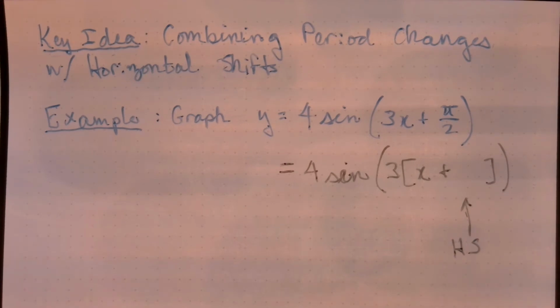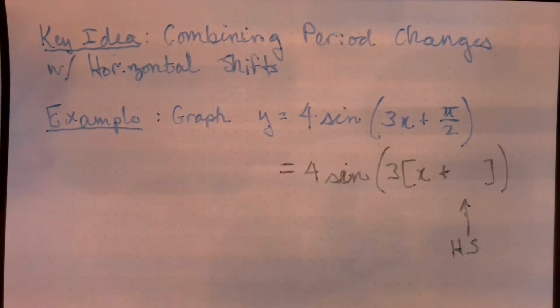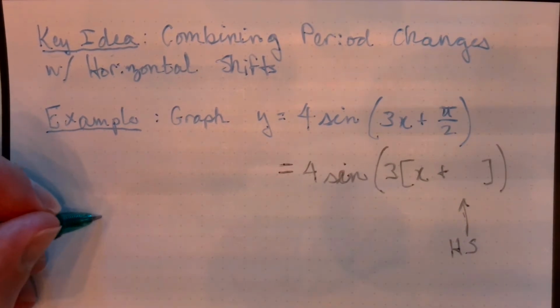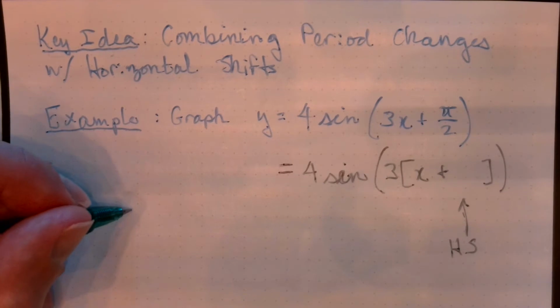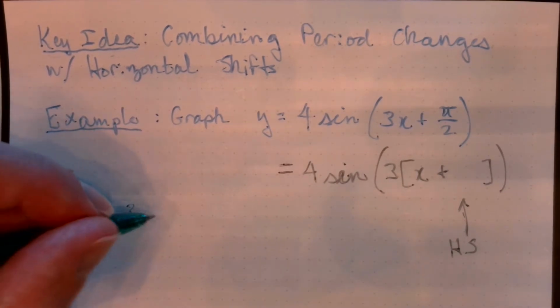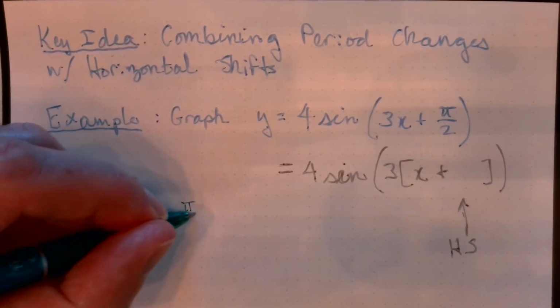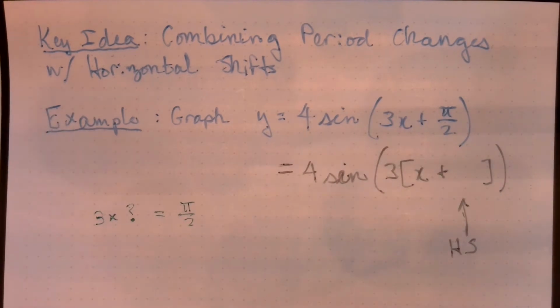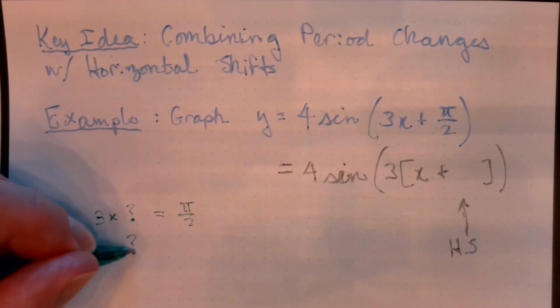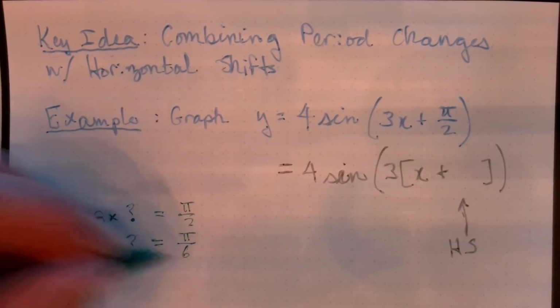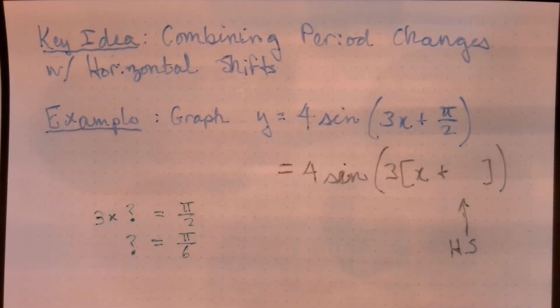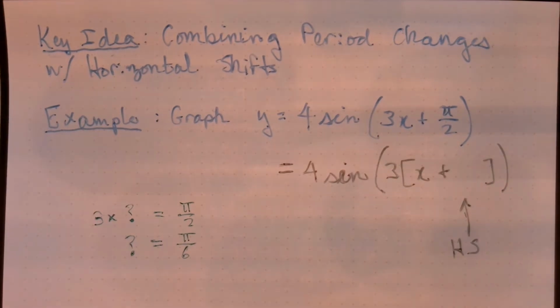Okay, now the question is, 3 times what gives us pi over 2? Okay, so we got a little equation to solve here. And of course it's not hard to solve. You just divide both sides by 3 and get that you need a pi over 6 over here.